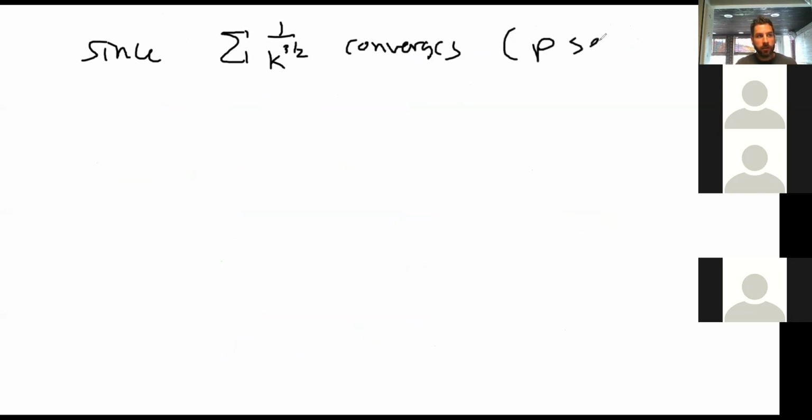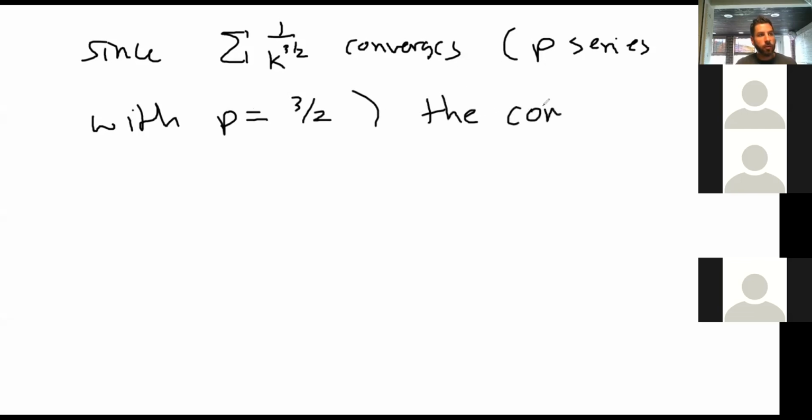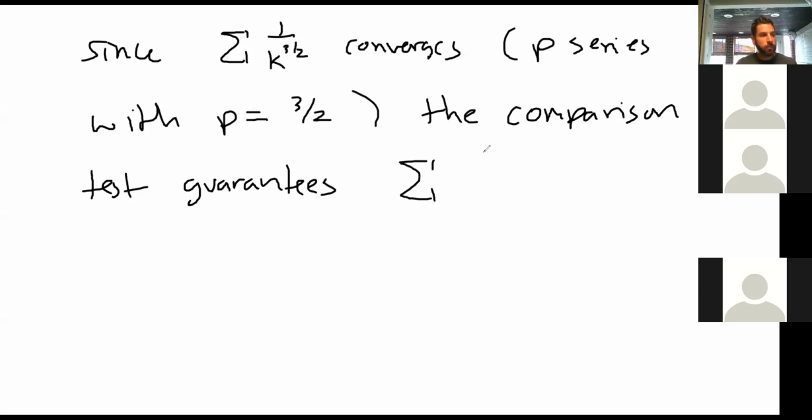It's a P series with P equals 3/2. So since that converges, the comparison test guarantees this creature converges.